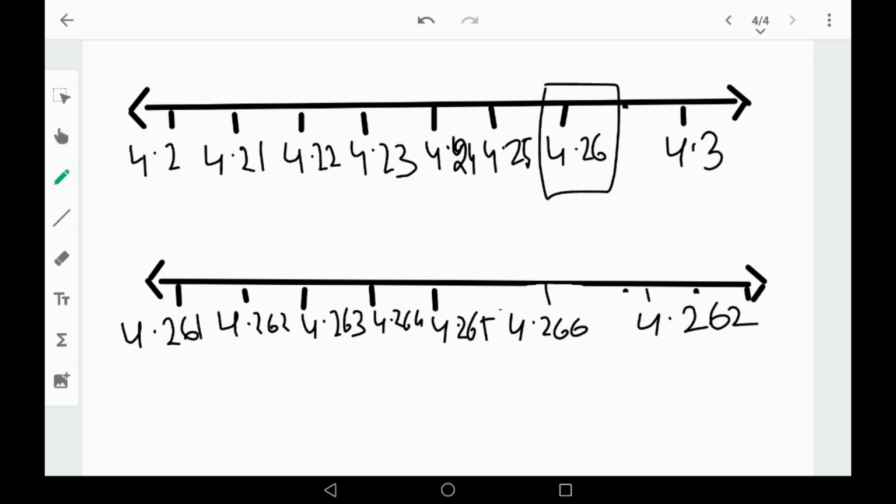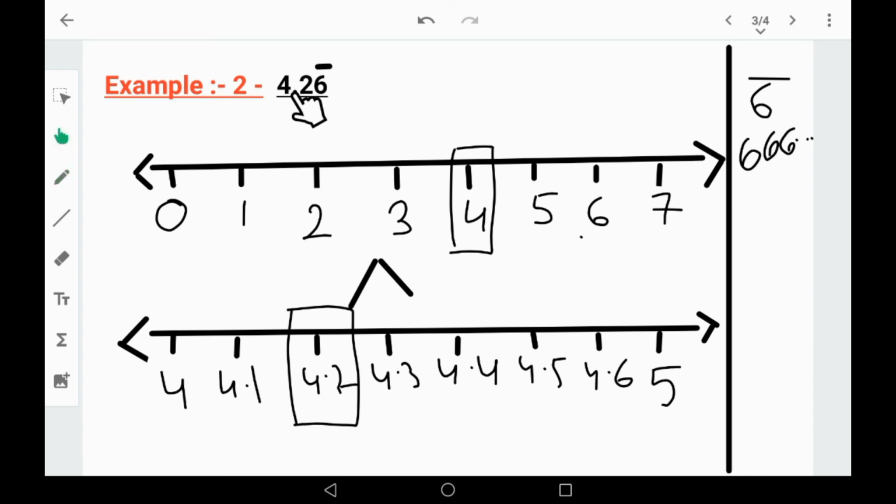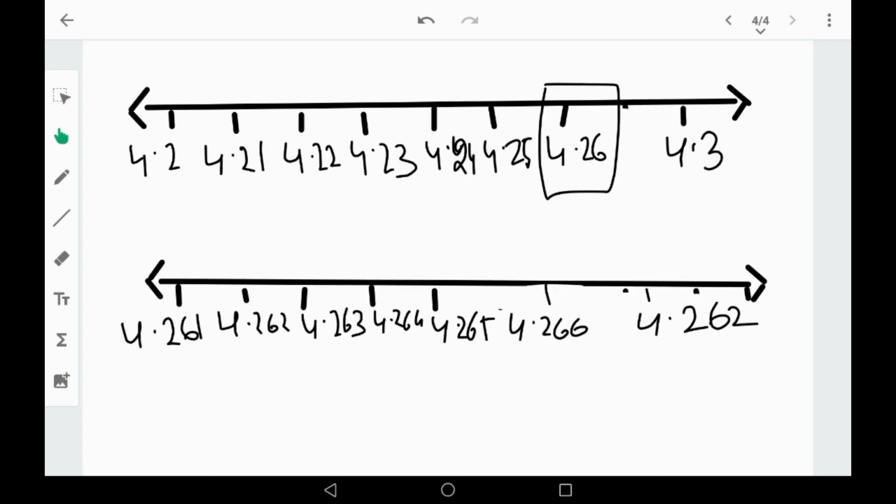In the question they asked me 4.26 bar up to 2 decimal points. So I have done my first decimal point. This is my second decimal point, that is 4.266. So they said in the question indirectly that we have to mark 4.266 on a number line.